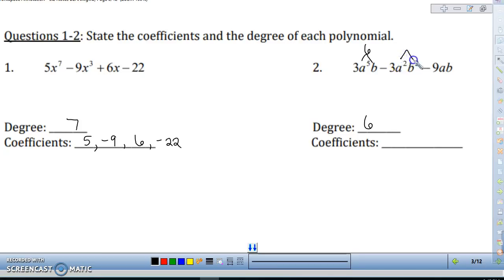The second term, a squared and b squared, yields a power of 4. And the last term, a times b, is a power of 2. So we're again going to go with the highest power amongst those terms. The coefficients, 3, -3, and -9.